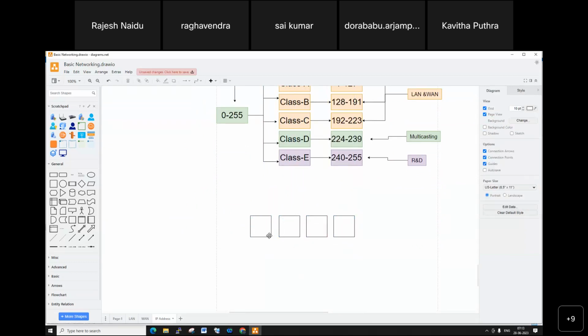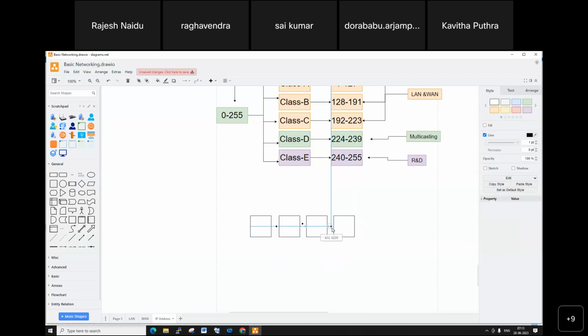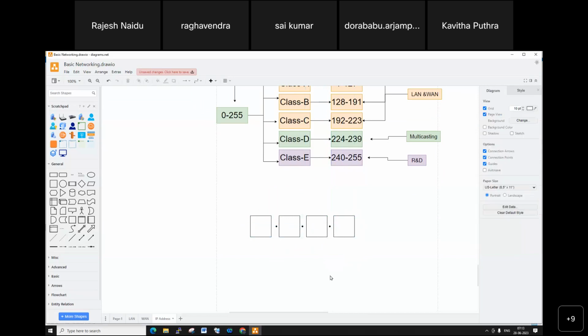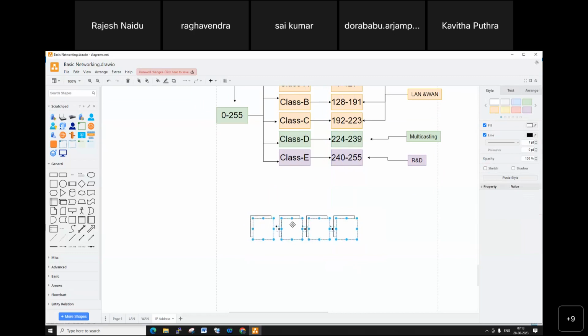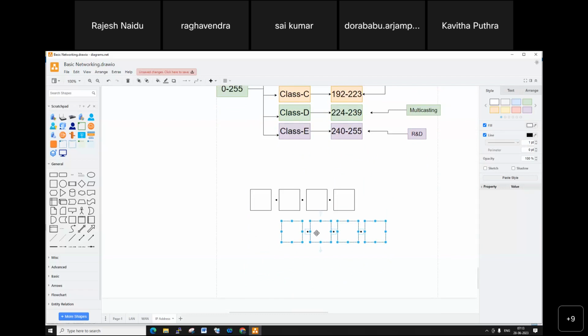Each octet will be separated with a dot. So this is the structure for every IP address.